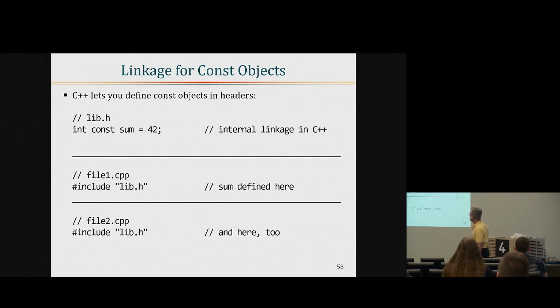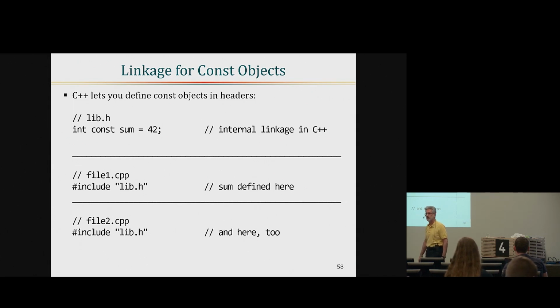This is the common thing, to be able to take a symbolic constant definition like that, put it in a header file, and include it in multiple translation units, which is the way you'd like to treat a symbolic constant. And it works in C++ because when you include the header in each of those places, sum has internal linkage.